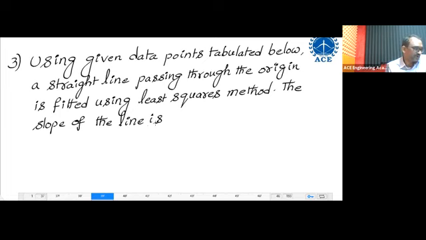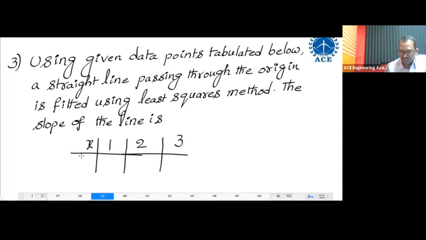The slope of the line is: x values 1, 2, 3, y values 1.5, 2.2, 2.7.